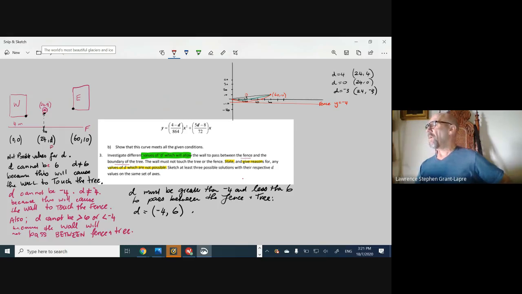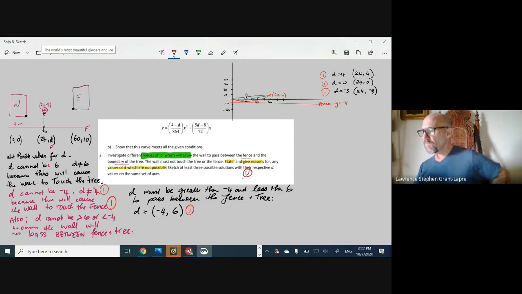Okay, so for your 3 curves, there's a mark for each one of these. There's a mark for stating possible values where D cannot equal. There's a mark for giving the interval where D is between -4 and 6. And there's a mark for your justification. So we're dealing with 6 marks in this question. I hope this has helped. Gives you an idea on what you need to be able to do.